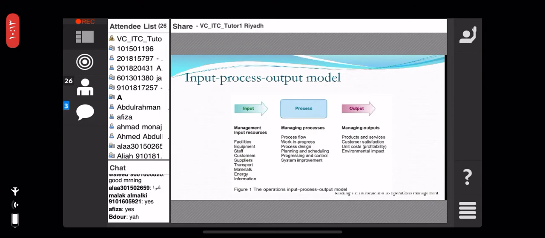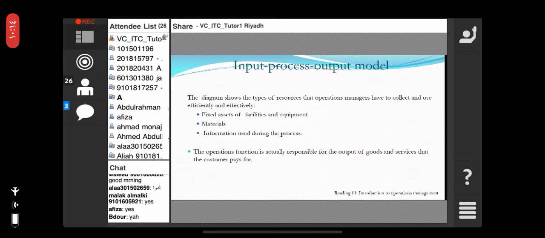Output is managing output: products and services, customer satisfaction, unit cost, unit profitability, environmental impact. So input, then process, then output. These three stages we are going to discuss in detail. This is basically the operations input-process-output model.